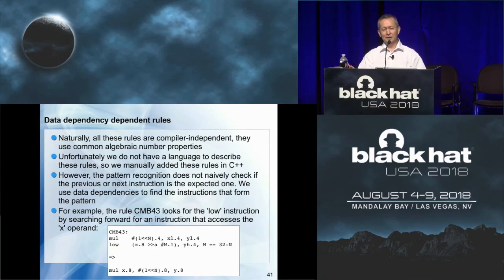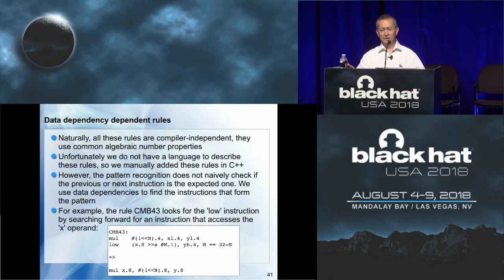One more thing about why our rules are more complex: take for example this rule, CMB 43. It tries to combine two parts of a multiplication and generate an 8-bit multiplication instruction. There we have two instructions, multiply and low, and between the low and multiply instructions there can be many other instructions.